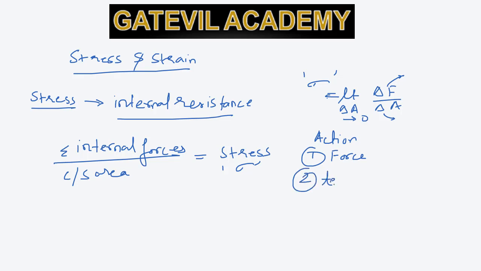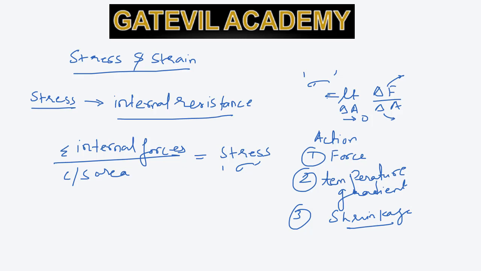If there is a temperature gradient, it can also produce stress, as the temperature gradient tries to elongate or shorten the object. Third, it could also be shrinkage. Any action which tries to produce deformation within the body will cause stresses to act within the body.